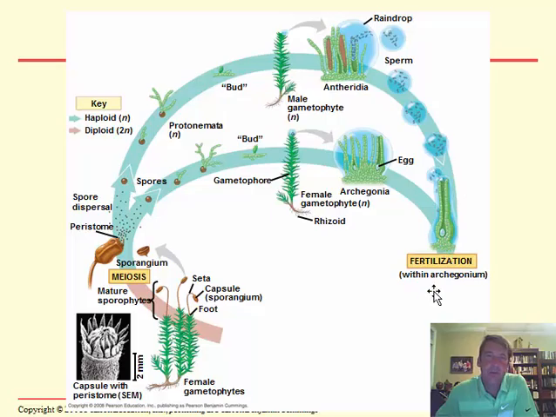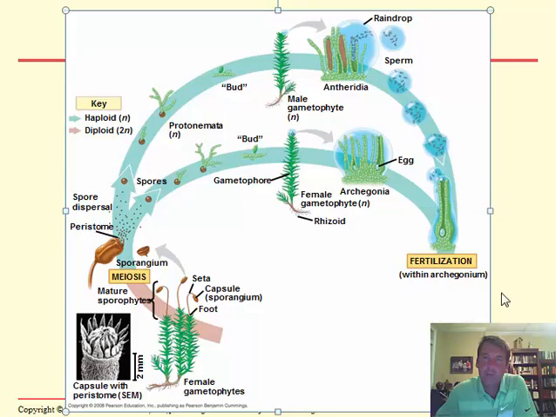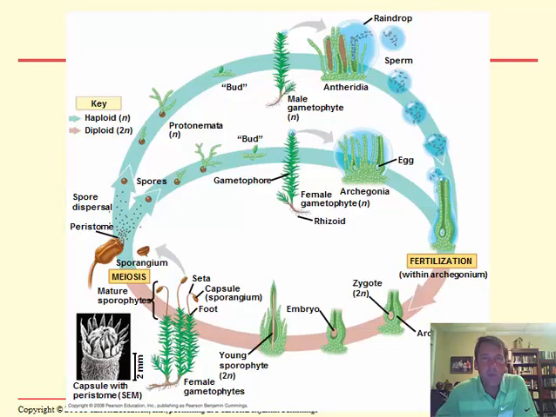All right, so sperm and egg unite there, and then inside the archegonia, that new zygote will begin to grow, and out of it, the embryo grows into a sporophyte. Here's a young sporophyte, and then a new one will begin to grow there. So this is a general life cycle of a moss, which is very common for the bryophytes.